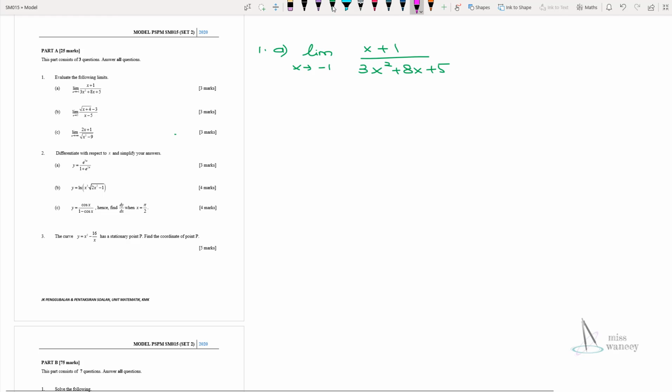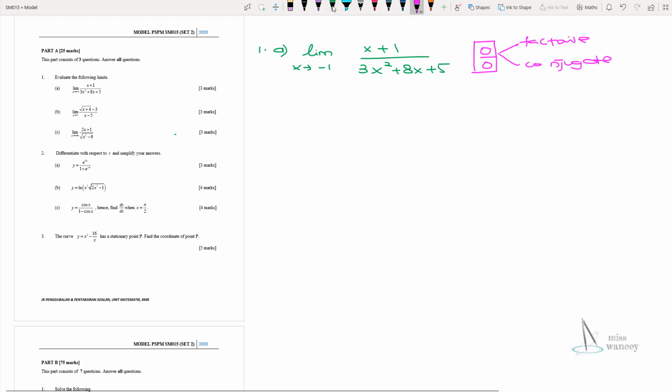If we substitute x with -1, we get -1 + 1, which is 0. In the denominator, 3 times (-1)² gives positive 3, then -8, then +5, so that is also 0. So we get 0 over 0.